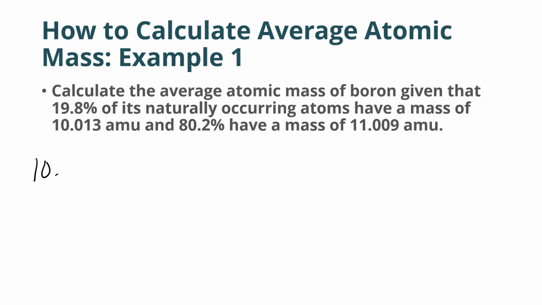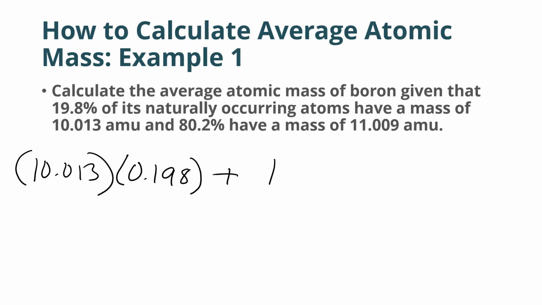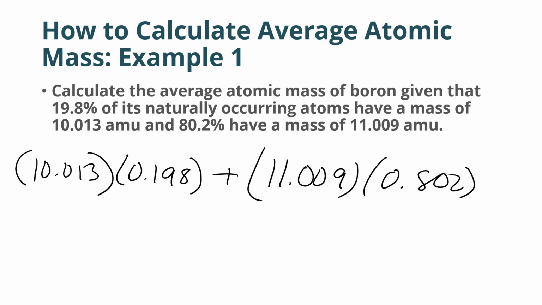So 10.013 times 0.198 plus 11.009 times 0.802. I just move my decimal over twice to the left to get these decimals.